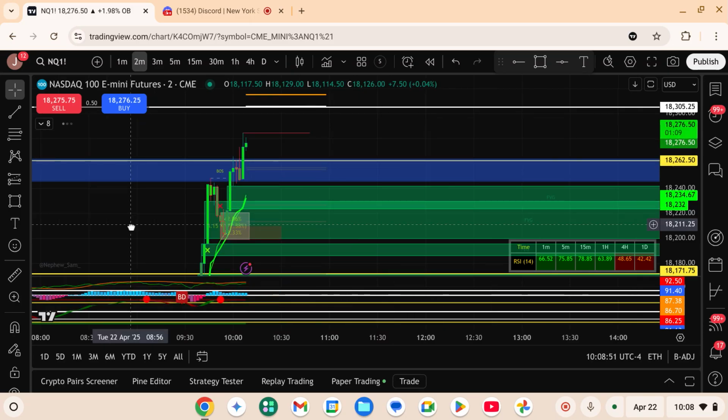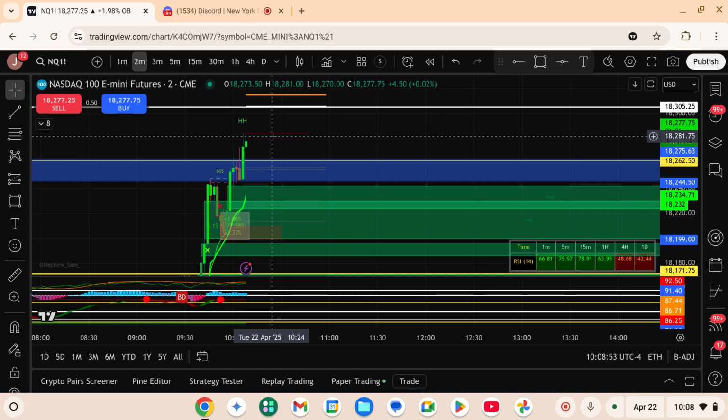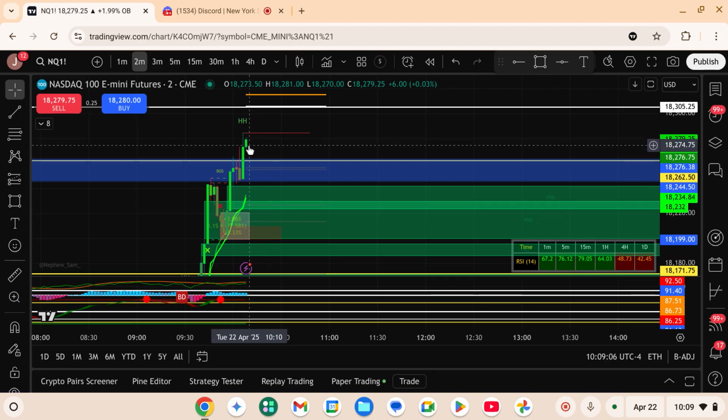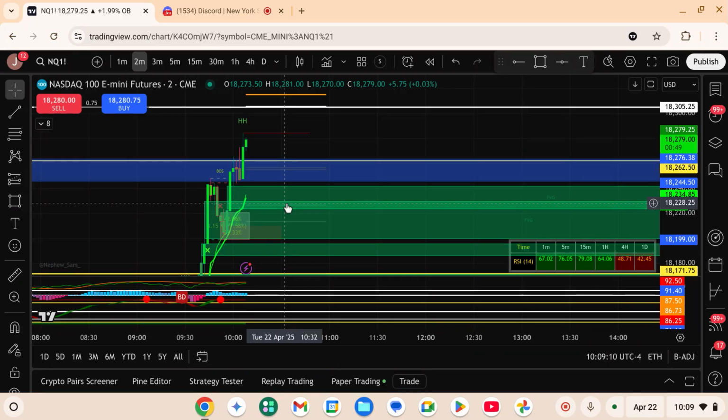I want to wait for a retracement, even though I think it's going to keep pushing up. It's moving a little too quick to get a decent entry right here. So we'll wait for a retracement to take it long.